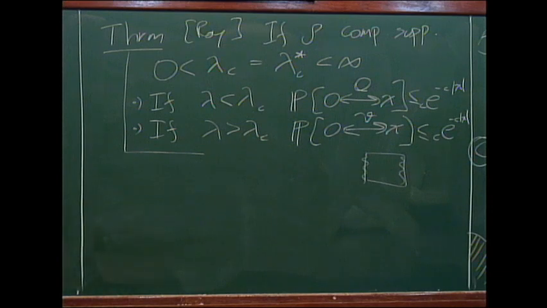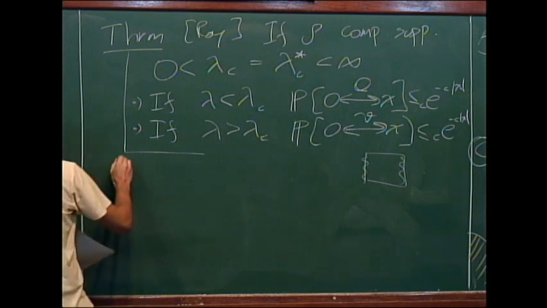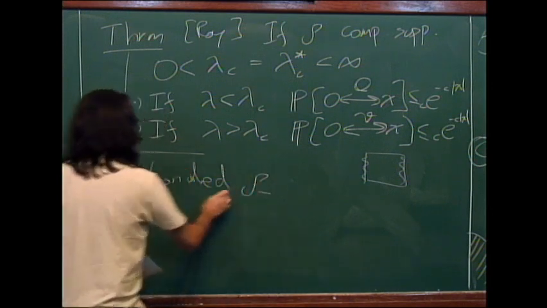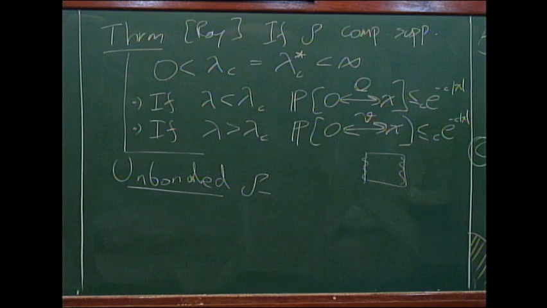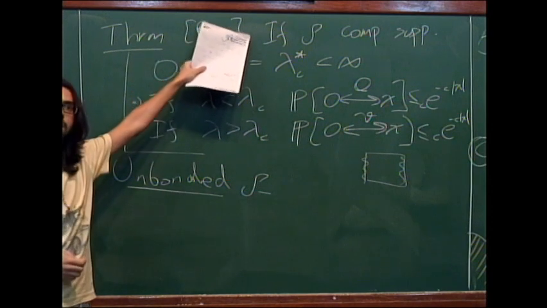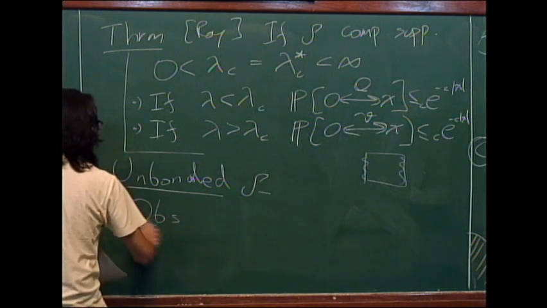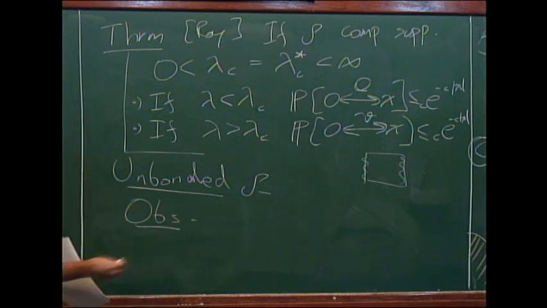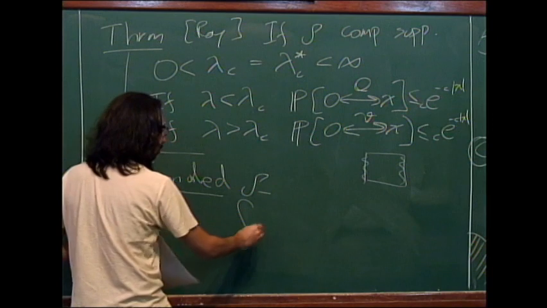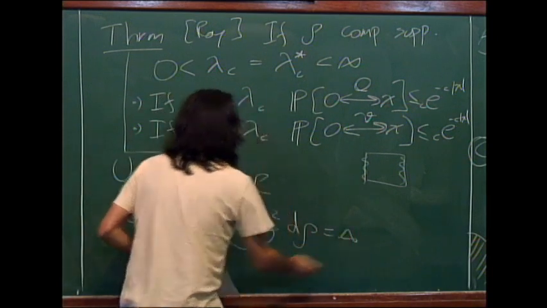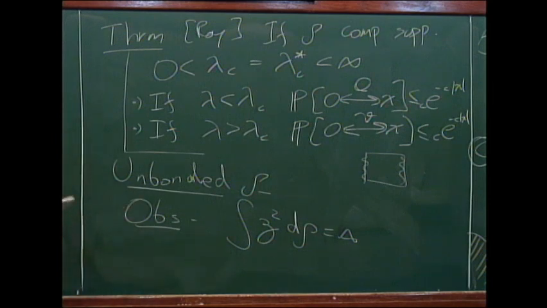So this talk is about unbounded rho. What happens as you drop the assumption that they have compact support? One very important observation is that if rho does not have a second moment in this sense, then the balls have infinite expected area.